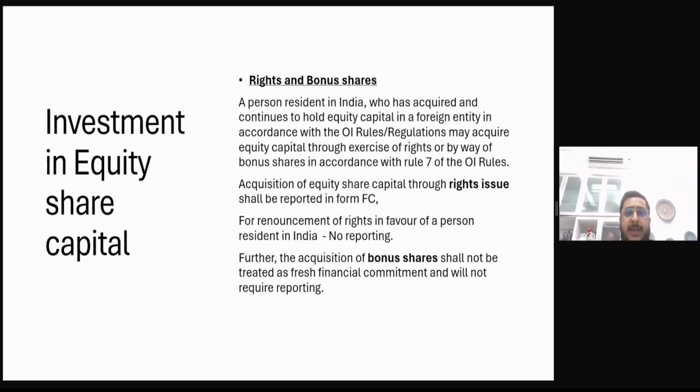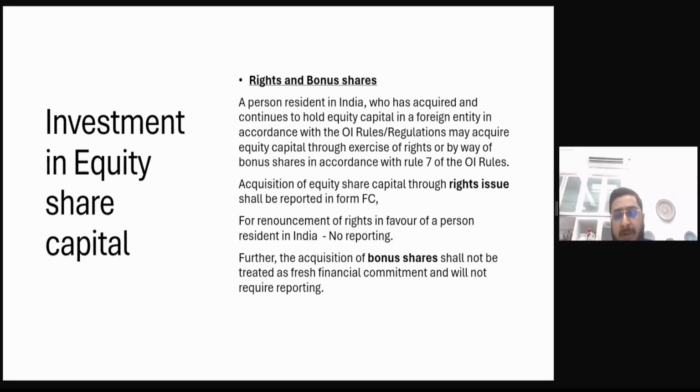If a company is acquiring shares through a rights issue, a form FC will have to be filed and ODI compliance will have to be done. But if the company is acquiring these shares as bonus shares, it will not be considered a fresh financial commitment and will not require reporting, because bonus shares have been allotted to him. He has not made any foreign outflow, so it will not require ODI documentation, and it will not require a financial commitment.